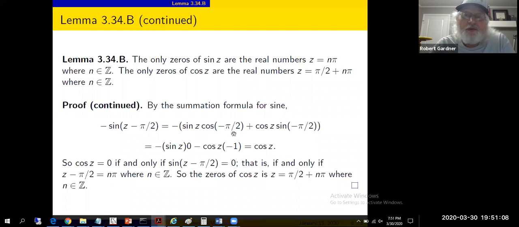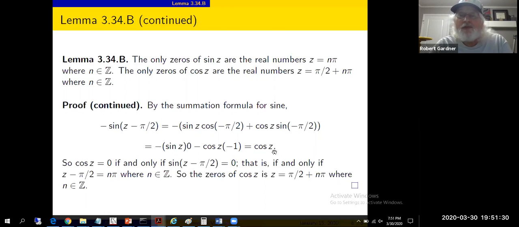Well, I know the cosine of negative pi halves is 0. I know the sine of negative pi halves is negative 1, so we'll evaluate those. We lose this term. When I distribute, we're left with negative cosine z. So cosine z equals negative sine of z minus pi halves.